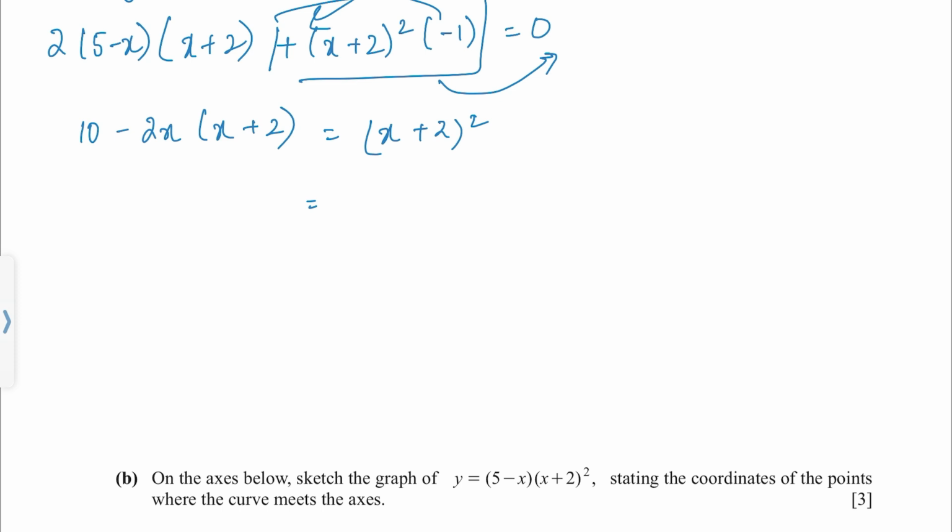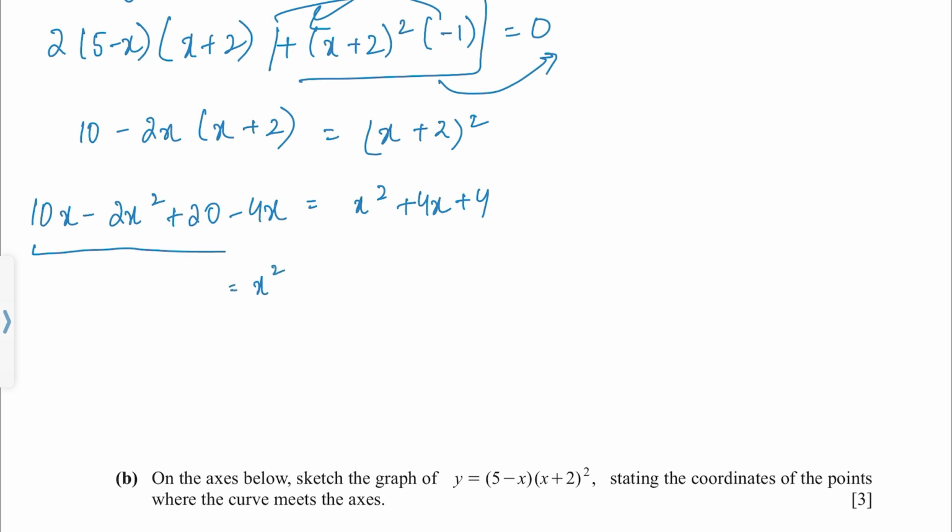Expanding x plus 2 whole squared gives x squared plus 4x plus 4. And then multiplying this gives 10x minus 2x squared plus 20 minus 4x.